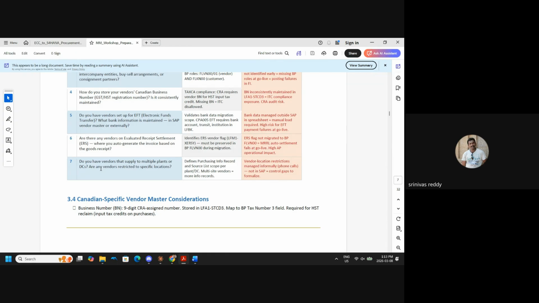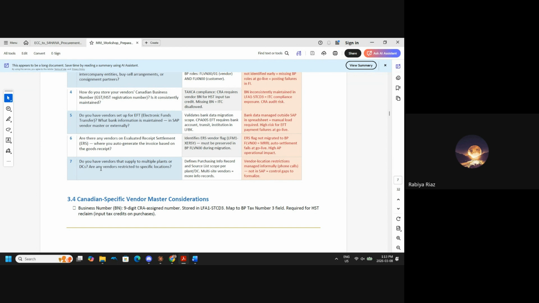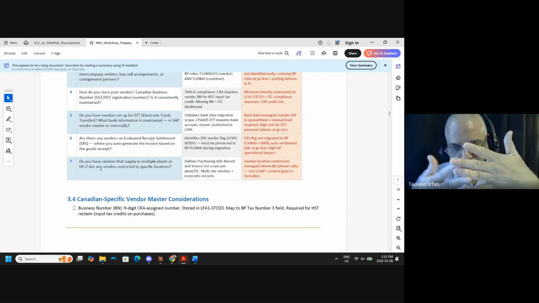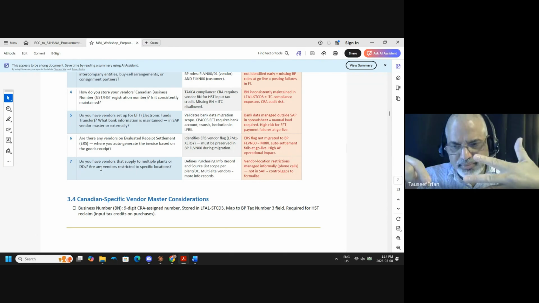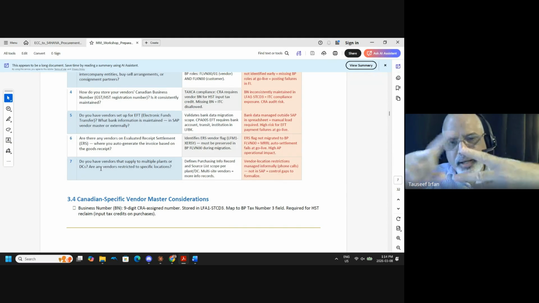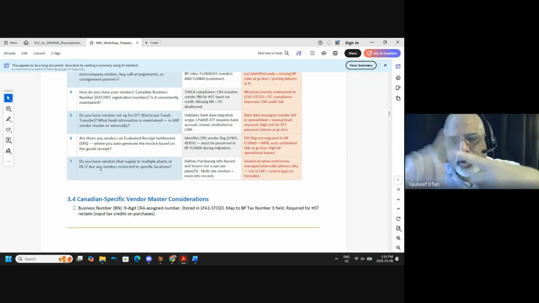So, sir, we will connect these vendors, some of them with a company code and some with a purchasing organization. You see, because you have 3 levels: client, company code, and purchasing organization. If the vendors are supplying to all the plants in that company code, you connect them to the company code.